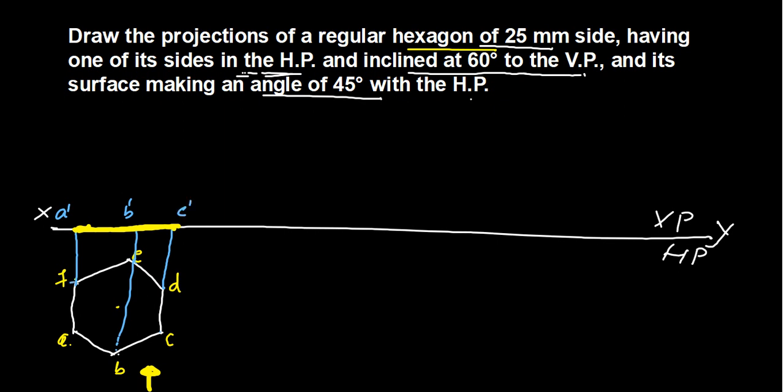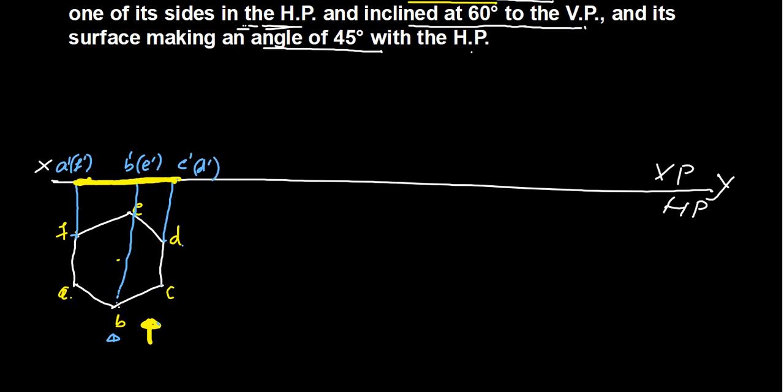But there are another 3 points which are hidden in the front view: F, E, D. So F should be in brackets, since you cannot see it from this position, and E should be in brackets, and also D should be in brackets.